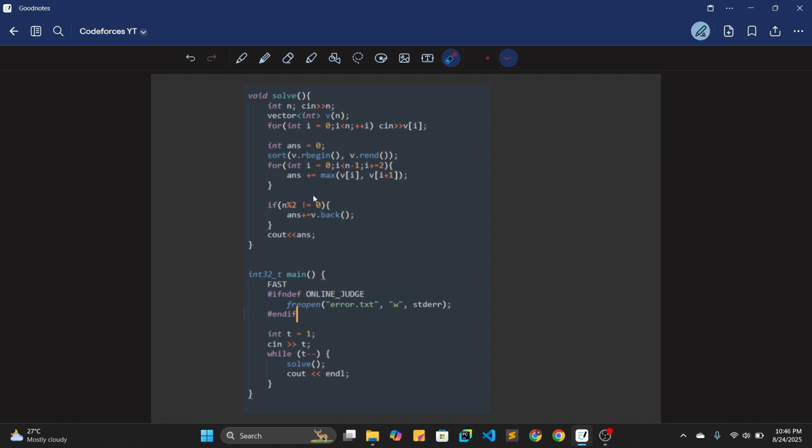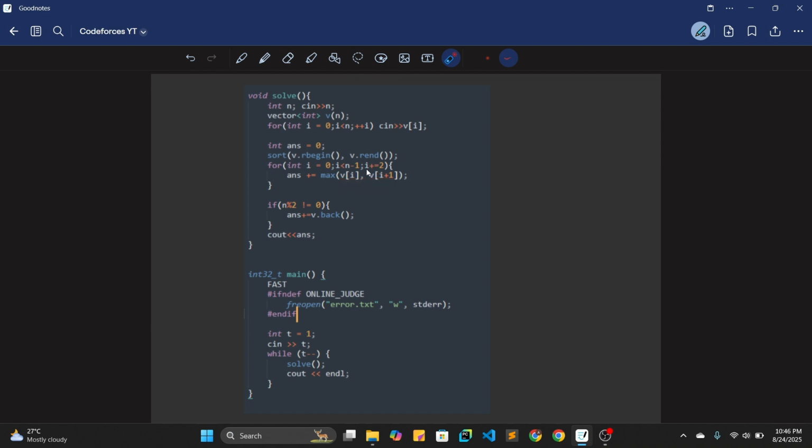The code for it is very simple. At first, we sort the villagers in a decreasing way, and in the answer, we add the maximum grumpiness of two adjacent villagers.